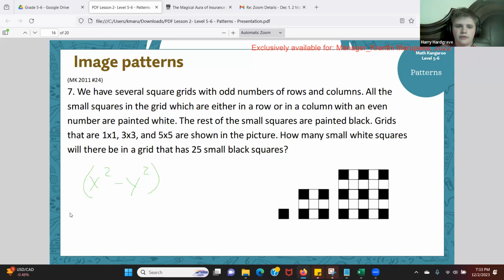And then if I wanted to look at something that had 25 small black squares, all I would say is that is equal to 25. And then you can create a second equation where x plus y is equal to 81.